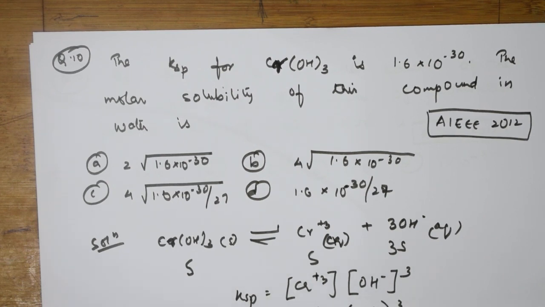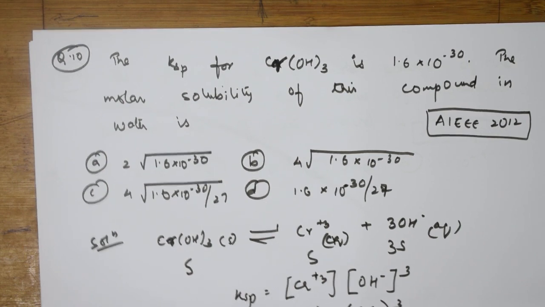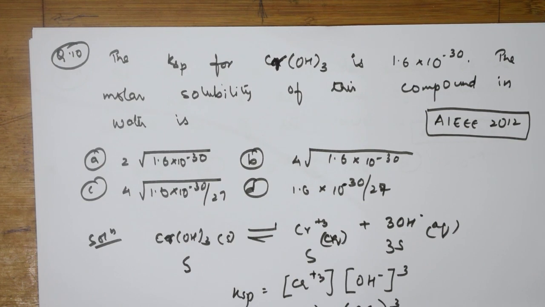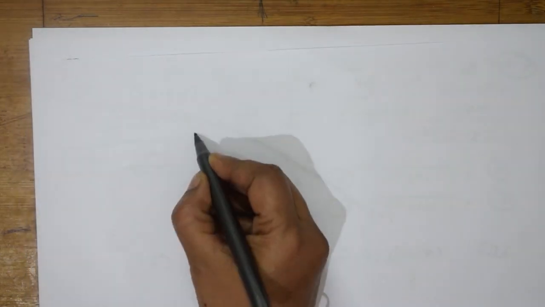So this becomes 27 S to the power of 4, isn't it?